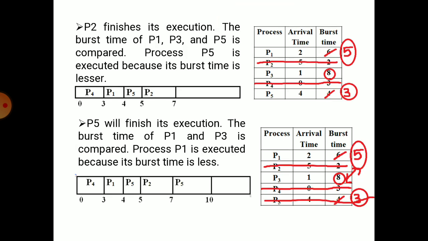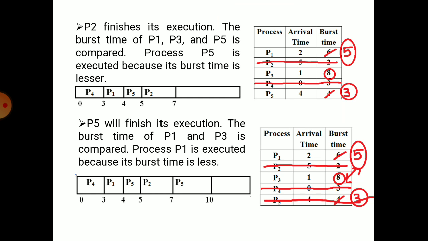P2 finishes its execution because it requires 2 milliseconds, and no other process arrives in the queue. The burst times of P1, P3 and P5 are compared. Process P5 requires 3 milliseconds, so it is selected for execution, and P5 completes its execution.